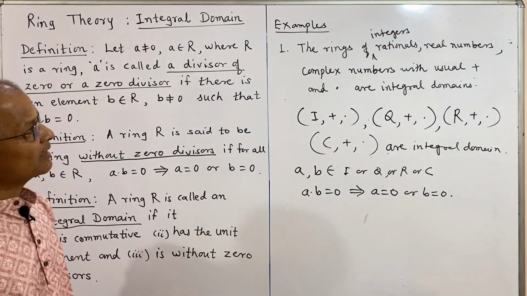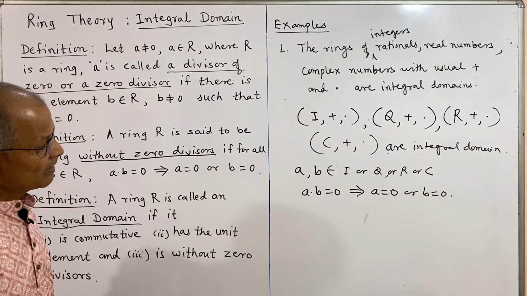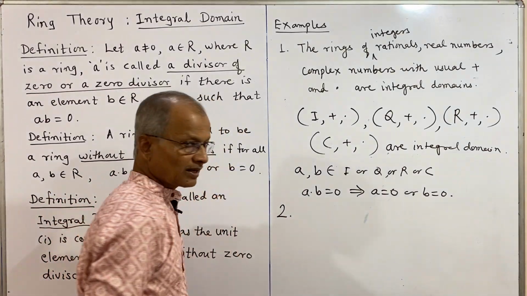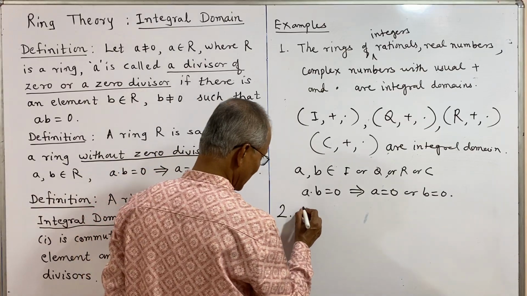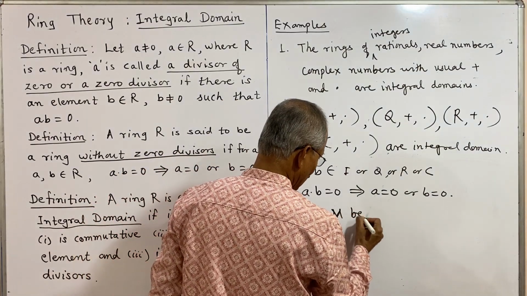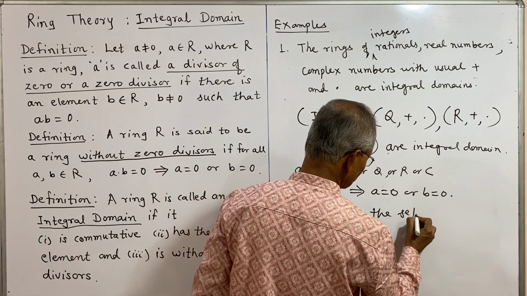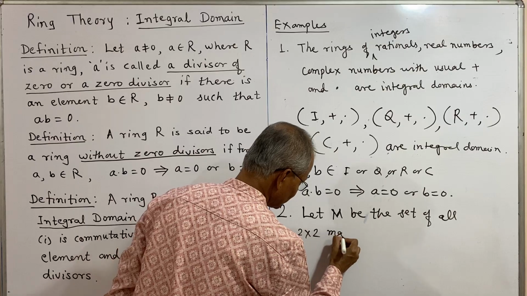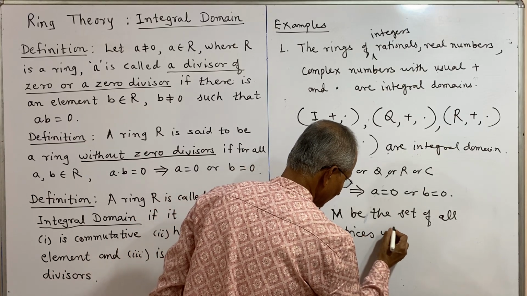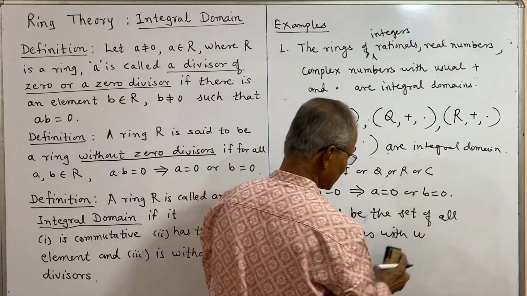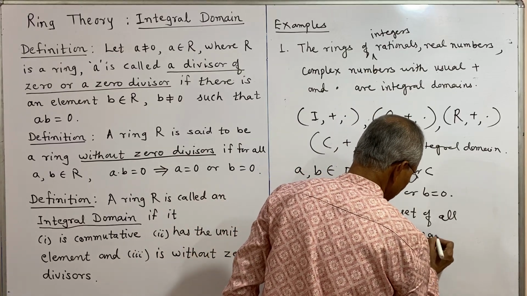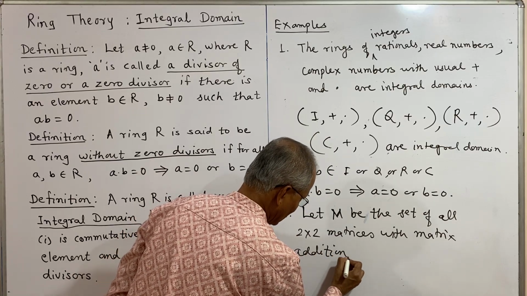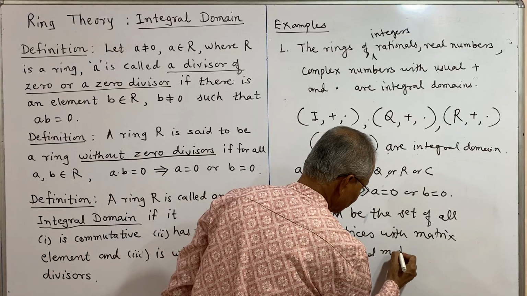Now another example, which is again infinite, can be considered as a counterexample, just as we have seen earlier. Let M be the set of all 2 by 2 matrices with matrix addition and matrix multiplication.